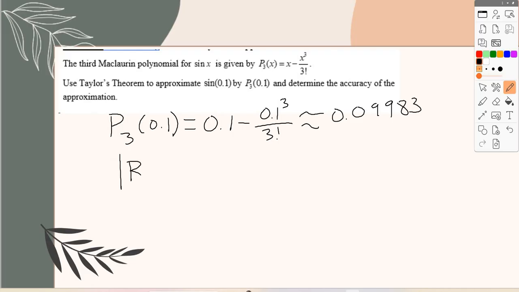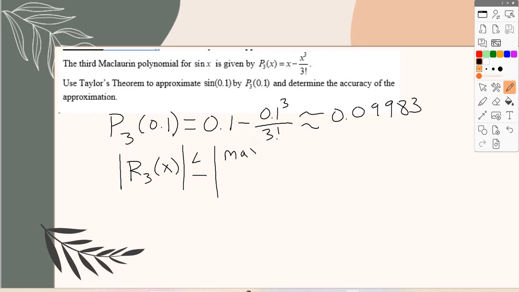So I have r sub 3 of x has to be less than or equal to what goes on the inside here. What goes on top?